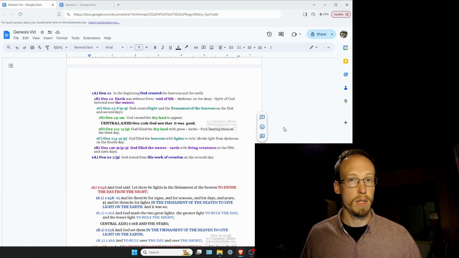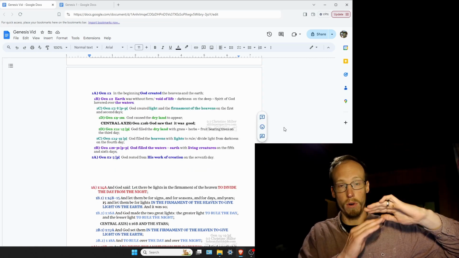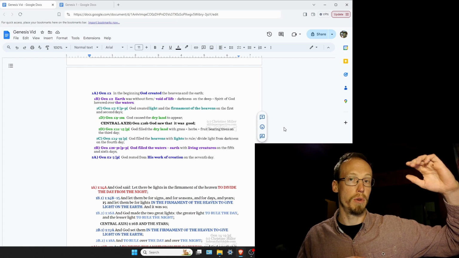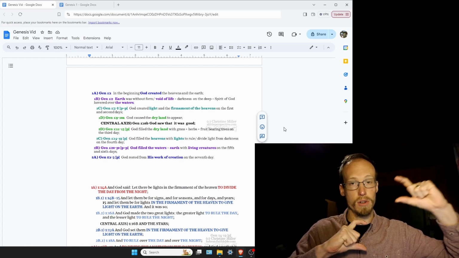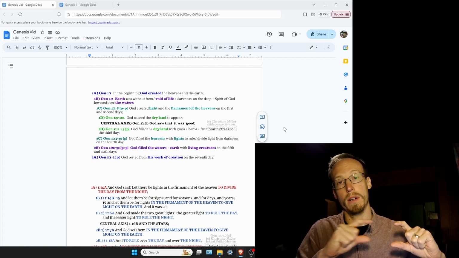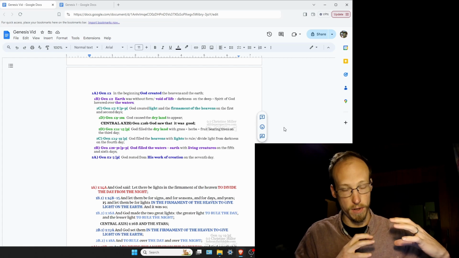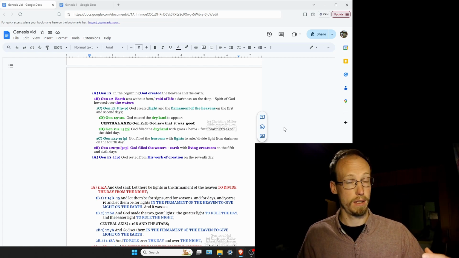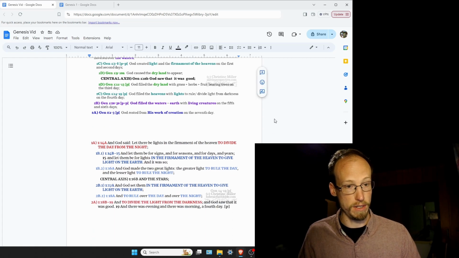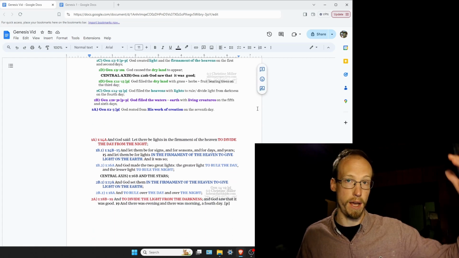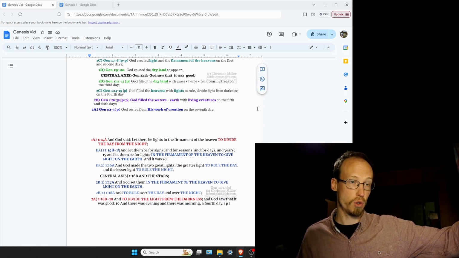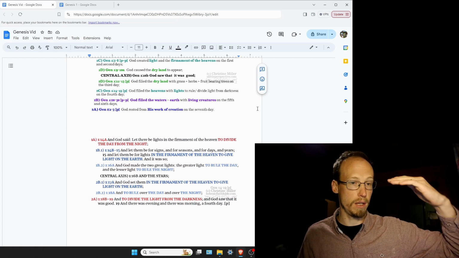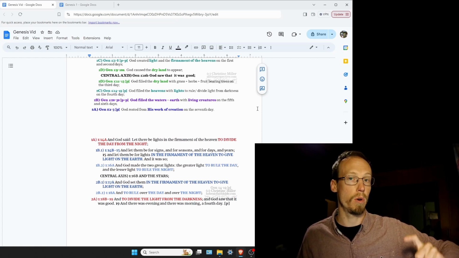Not only is there an overarching chiastic structure, but even within the sections of Genesis 1, there are other chiasms, layering over each other with different literary structures, such as the sevens, such as the pattern of creating the domains and then filling the domains in that same order.